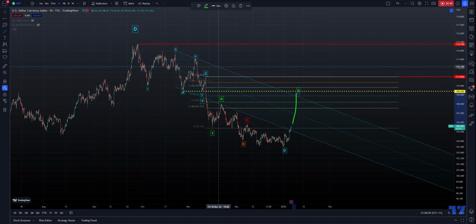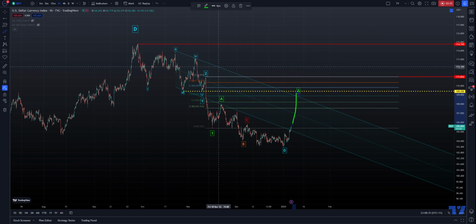I don't necessarily think that the Aussie dollar view is going to change dramatically. In terms of breaking the low, I don't think it's going to break the low. It could, and if it does, obviously that's a problem. But it just seems unlikely, right?